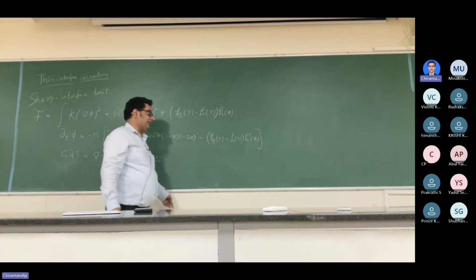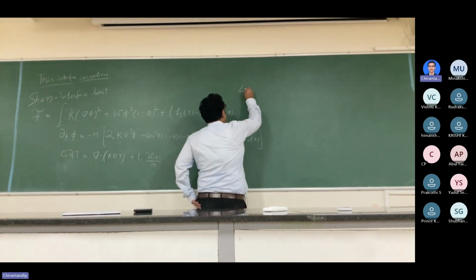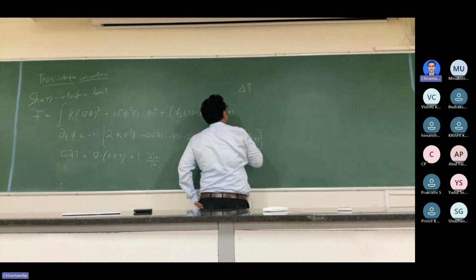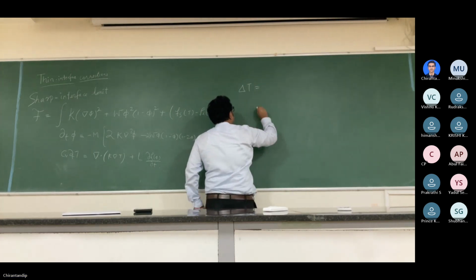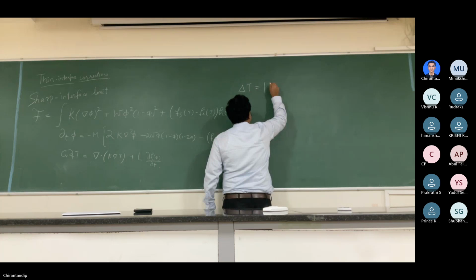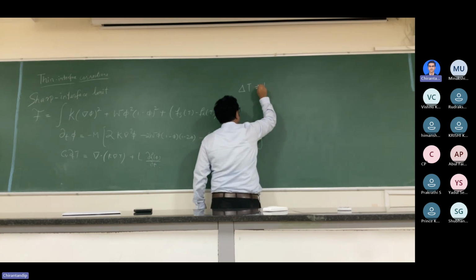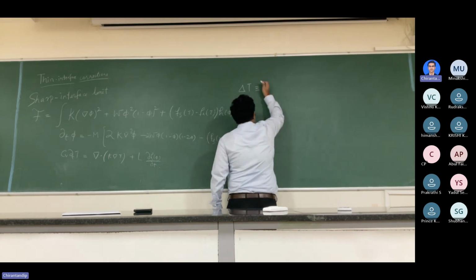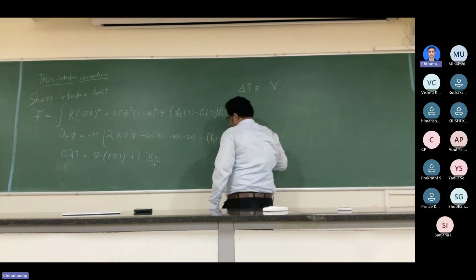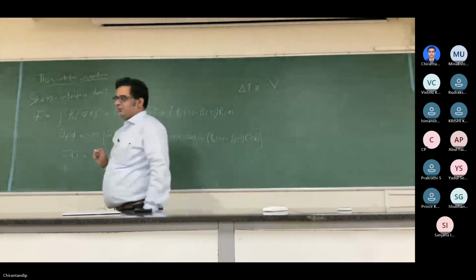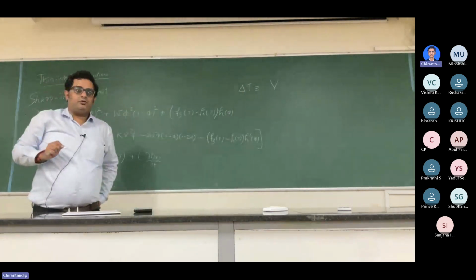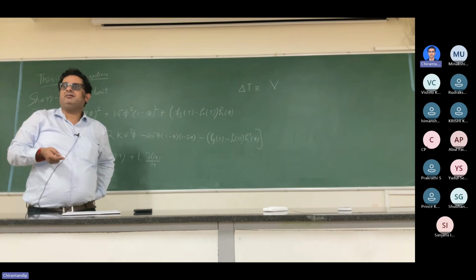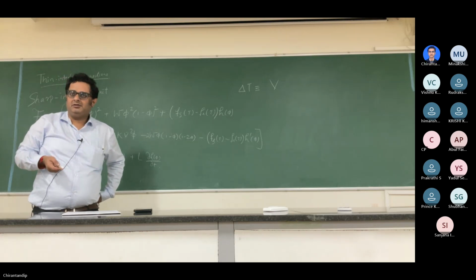Okay, what I'm asking is, what is this condition? The relation between delta T and velocity. Okay, so does anybody know what this relation is typically in the sharp interface model?